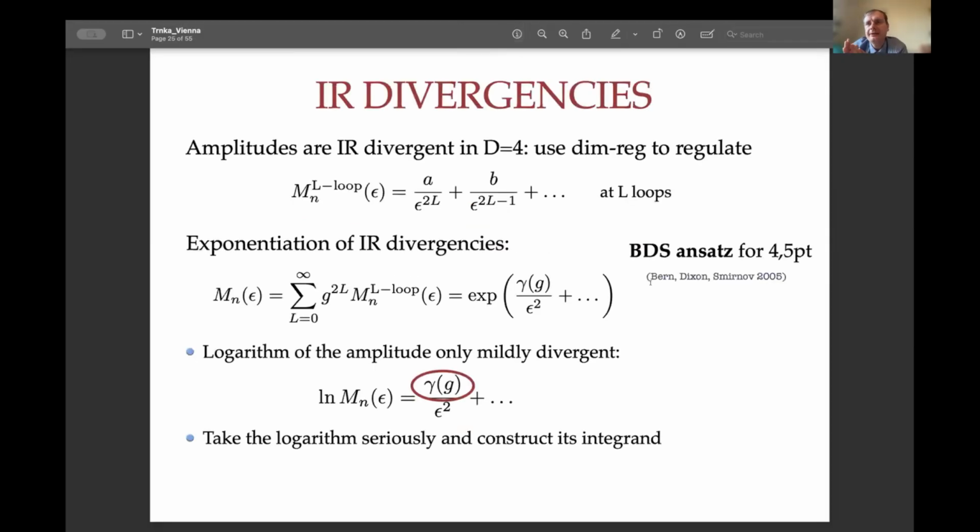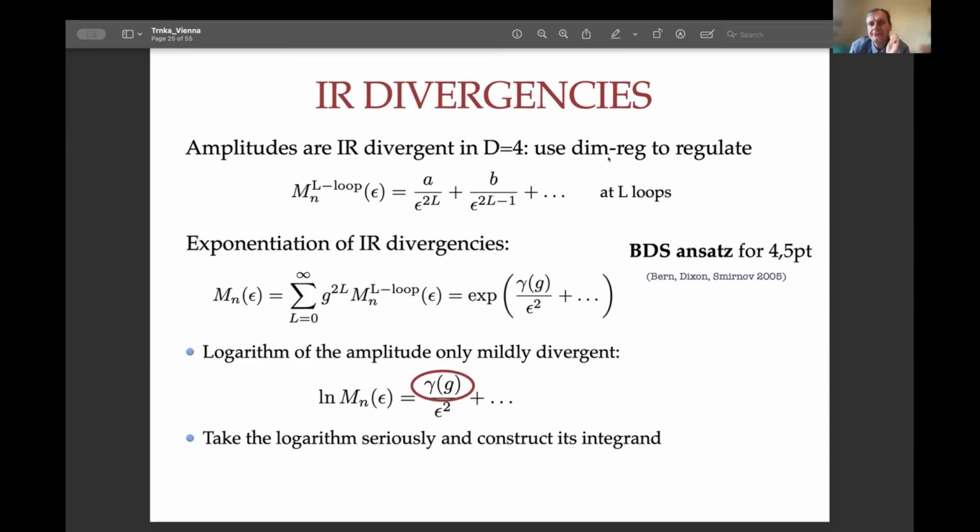So let's now move to the negative geometry. We have to first look more closely at these IR divergences of amplitudes to get the motivation for what we are going to do next. Amplitudes in gauge theories, and N=4 super Yang-Mills specifically, are IR divergent in D=4.